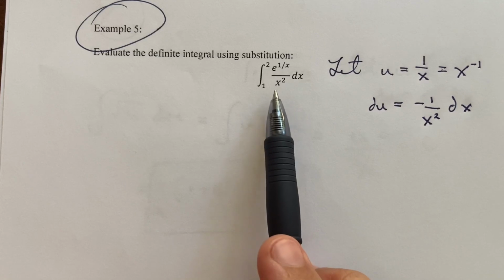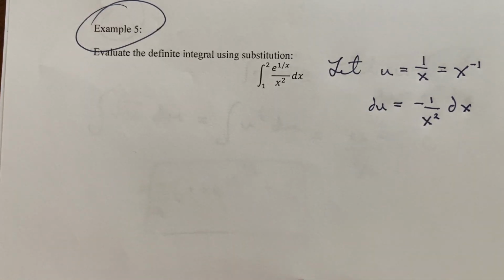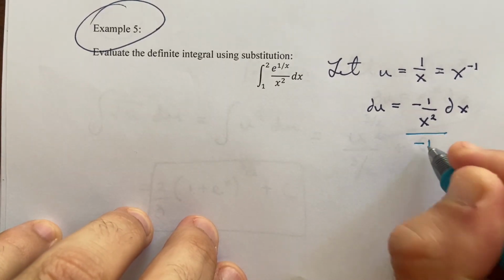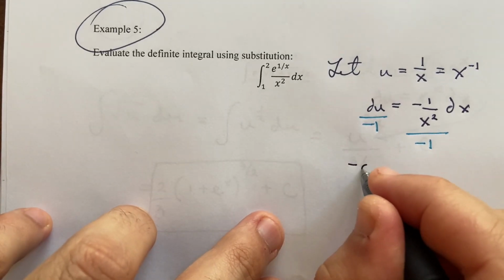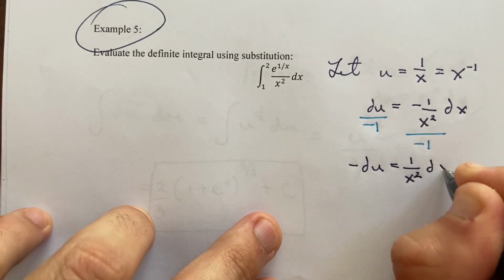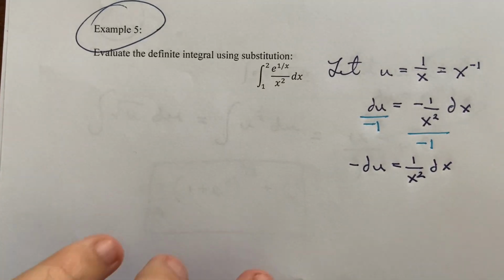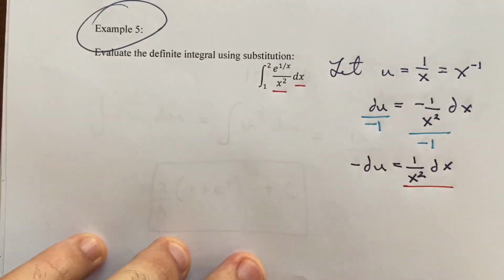So I do have the 1 over x squared. I do not have the negative. So I'll divide by that negative. So in other words, negative du will equal 1 over x squared dx. So all of this stuff is here now, there and there.